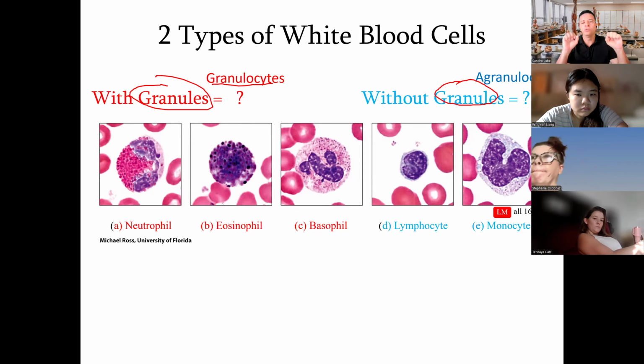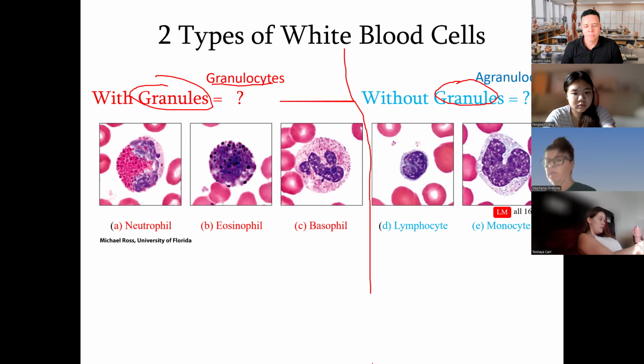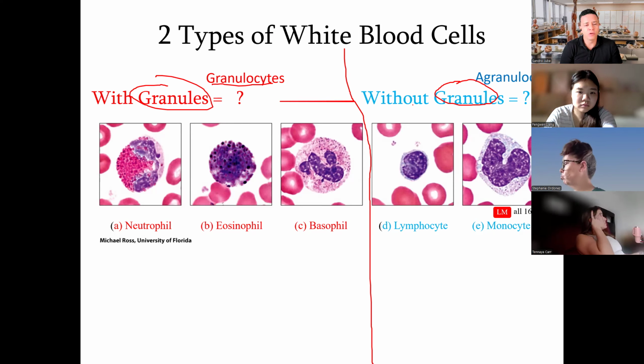So these are the two main types of white blood cell, the granulocytes and the agranulocytes. Let's see what are the white blood cells that belong to the granulocyte family, and let's see the white blood cells that belong to the agranulocytes. Okay? Within the granulocytes, we have neutrophils, eosinophils, and basophils. Let's talk a little bit about each one of them.